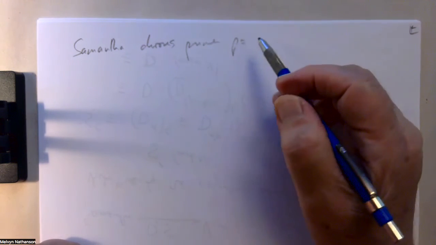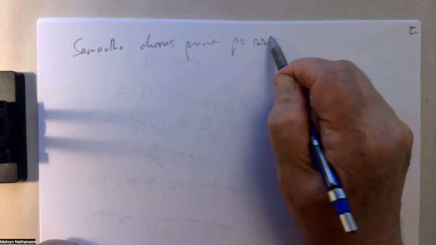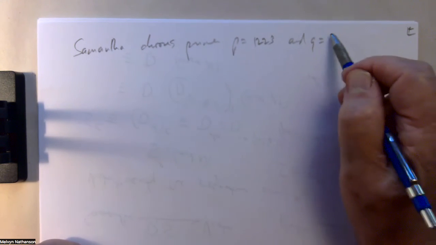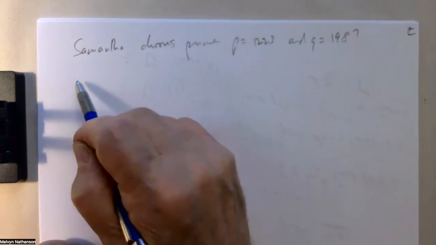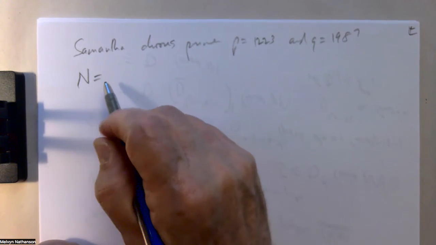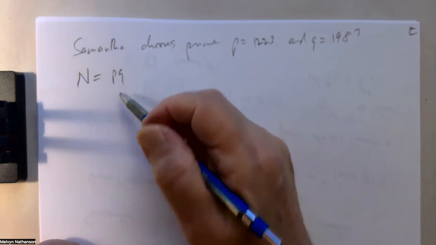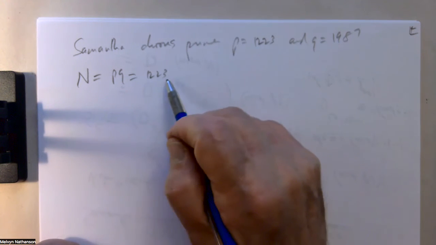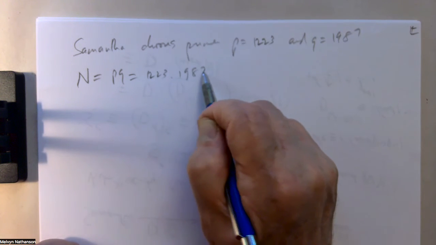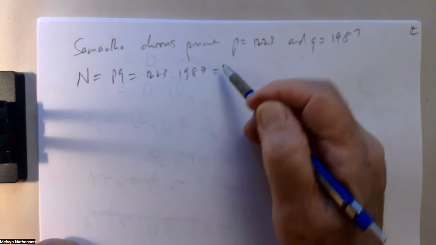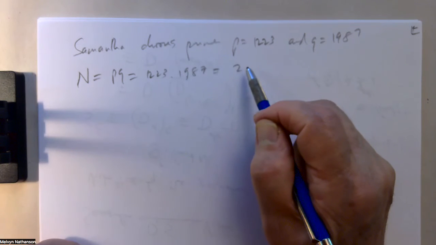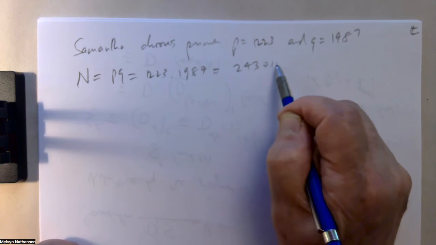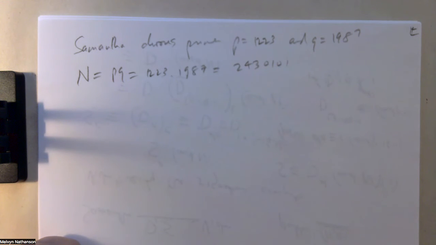Say P equal to 1223 and Q equal to 1987. And then she multiplies them. Capital N is the product, P times Q. So 1223 times 1987 is 2,430,101.